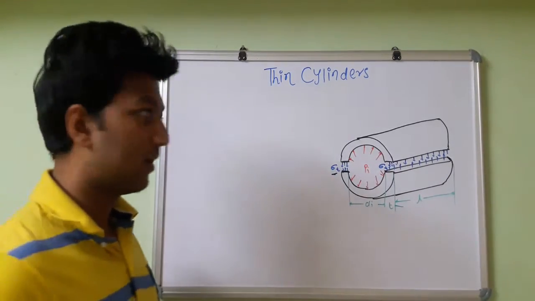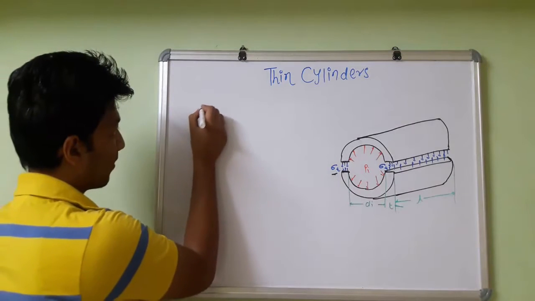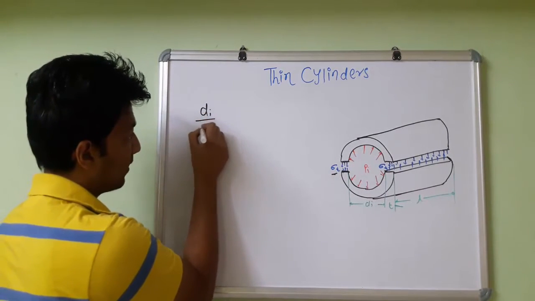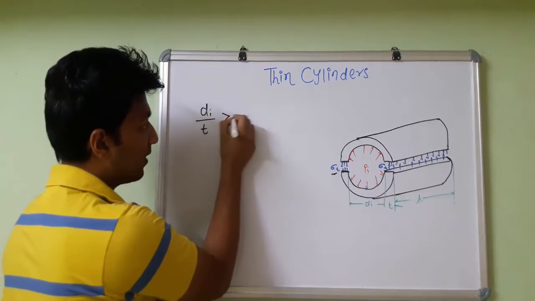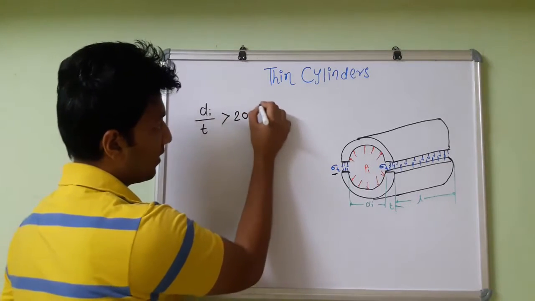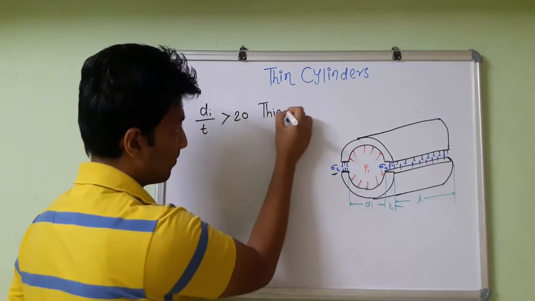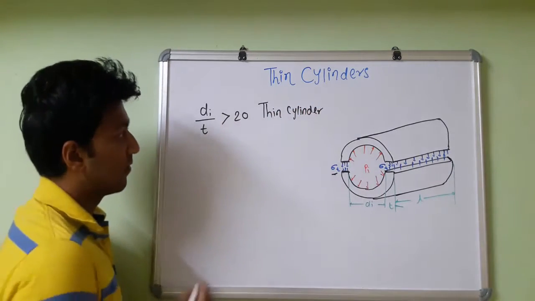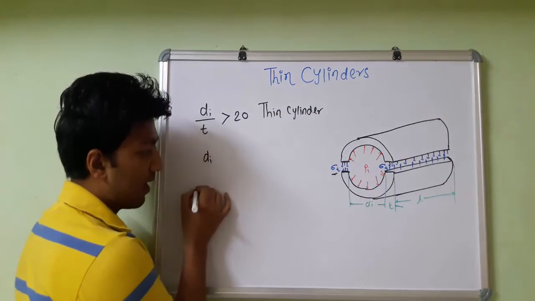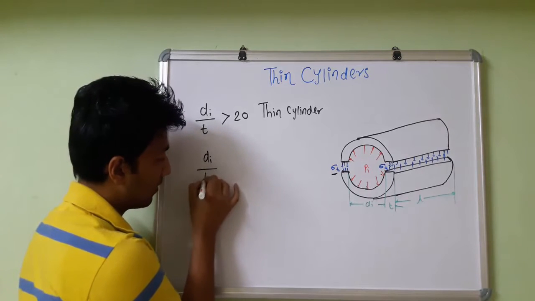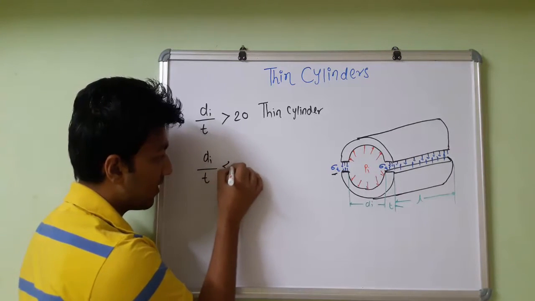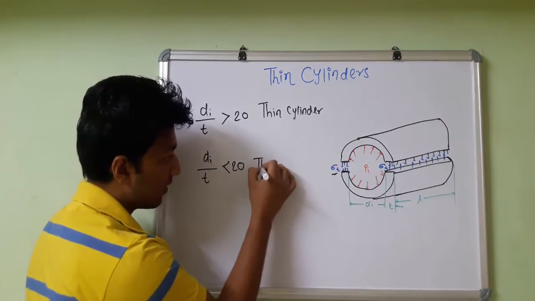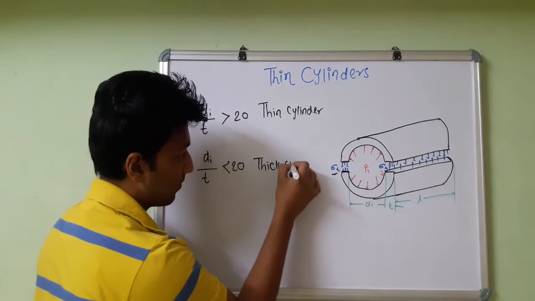In the thin cylinder, if the internal diameter divided by the wall thickness is greater than 20, the cylinder is called a thin cylinder. If the internal diameter divided by thickness is less than 20, the cylinder is called a thick cylinder.